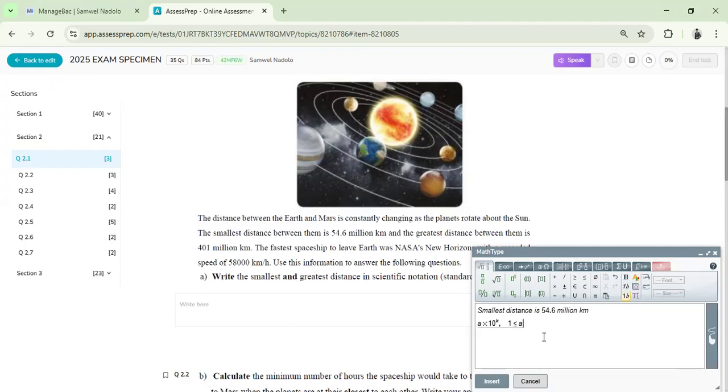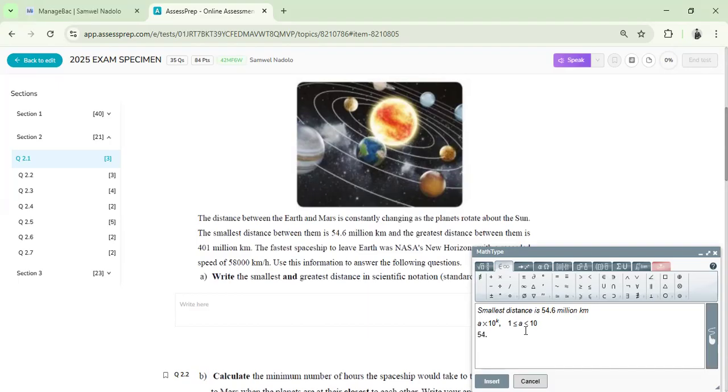So A should not be equal to 10, but it should be less than 10. It's not a must you write this, but that is how scientific notation is given. Then K is any real number. All right, so our A should be a number between 1 and 10.